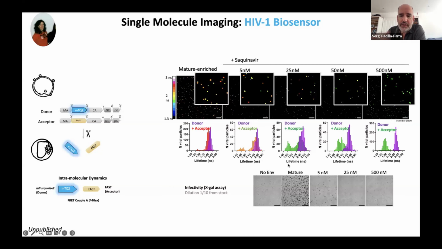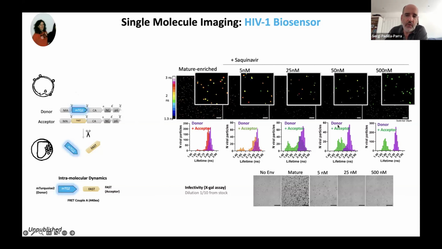What is also interesting is that this binary idea that there are mature and immature conformations perhaps is not true, and that there's something in between. There are partially cleaved viruses, and there is a third population that arises with this mild concentration of saquinavir. We wanted to explore this a little bit more.